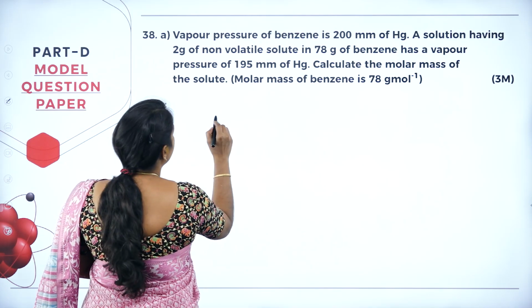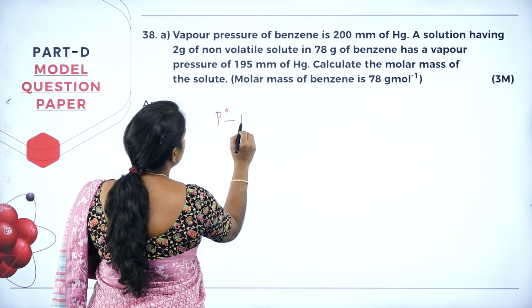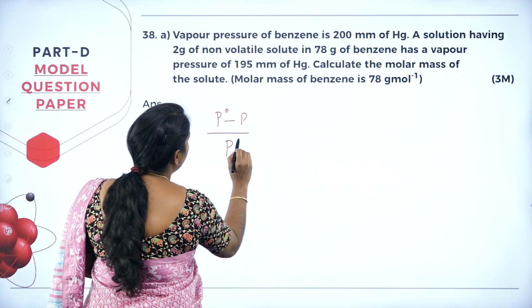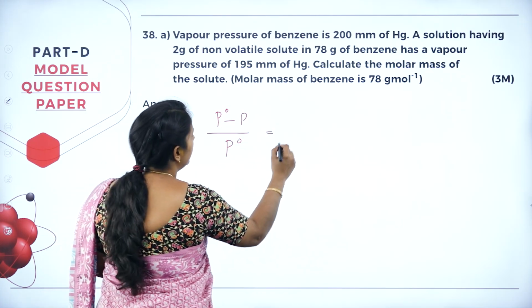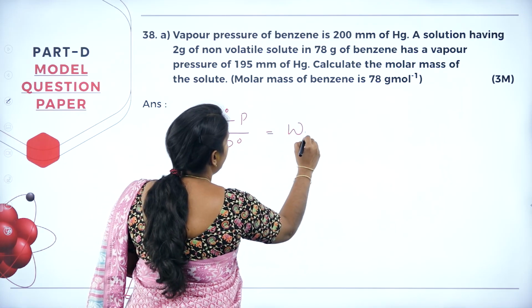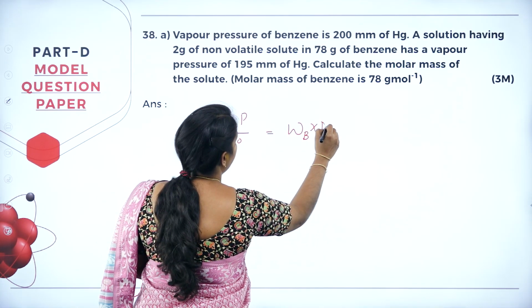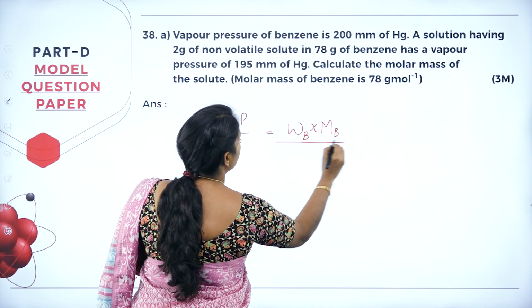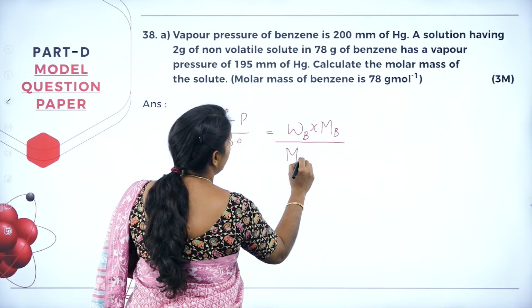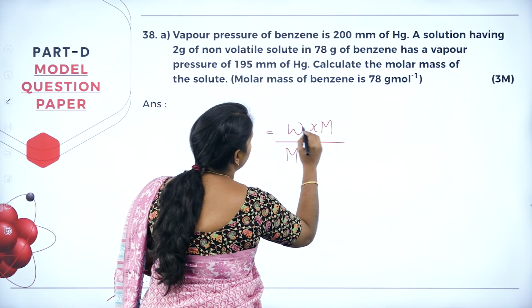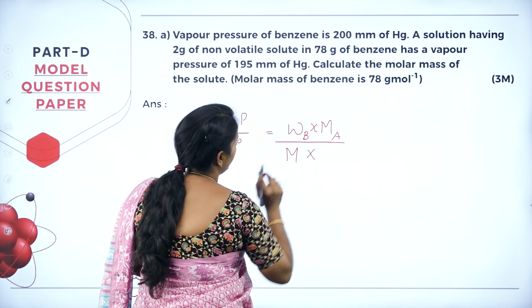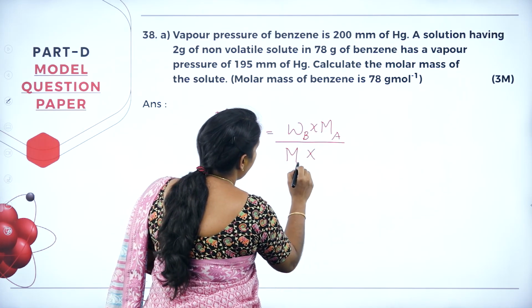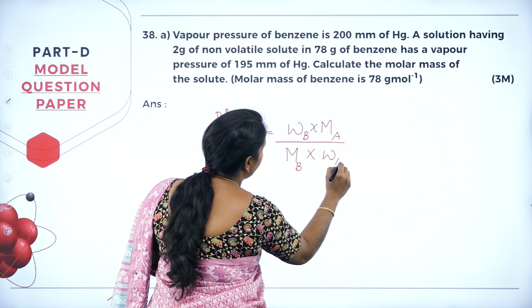Now, I will write the formula to calculate the vapor pressure, which is one of the colligative properties, correct? That is P naught minus P divided by P naught, which is equal to WB into MA divided by MB into WA.